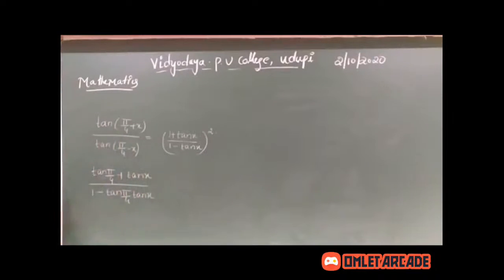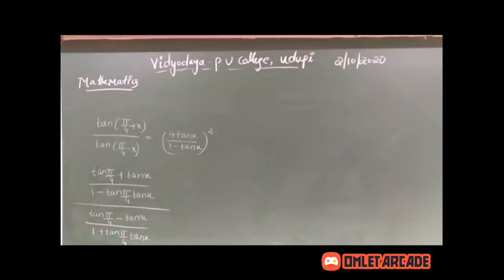Correct? This is the numerator. Now whole divided by, apply the standard result of this. It is tan pi by 4 minus tan x divided by 1 plus tan pi by 4 into tan x.